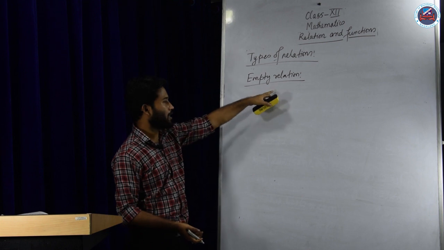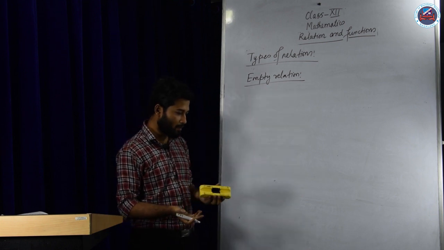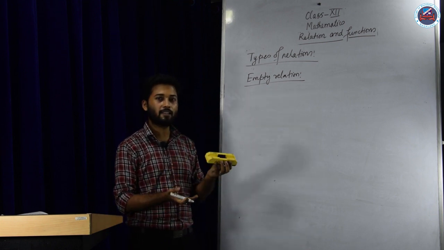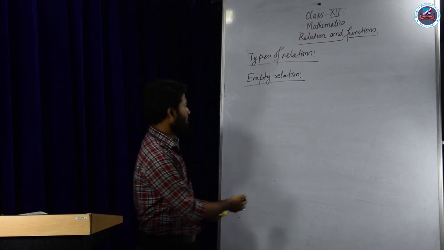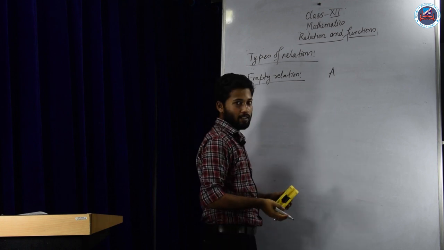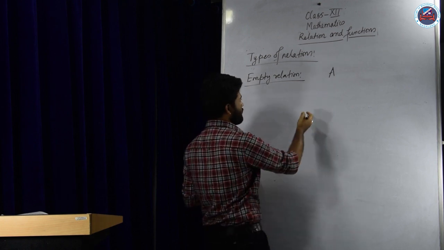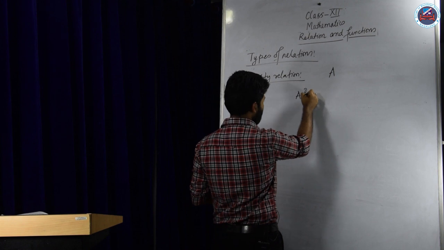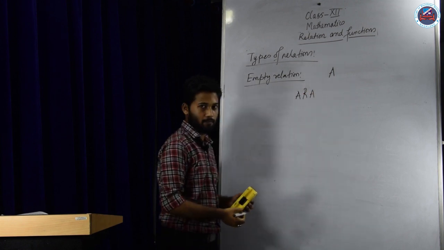Next comes empty relation. When we say empty relation, that means clearly there does not exist any relation. That means for any set A, we cannot find a relation to connect it with A again.